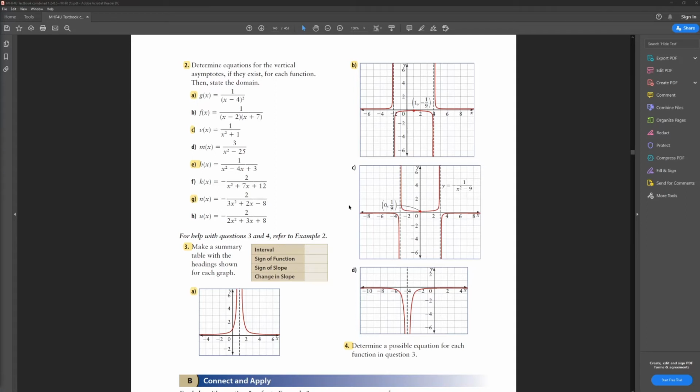For question E, we have our denominator being equal to x squared minus 4x plus 3. You might notice right away that x squared minus 4x plus 3 is factorable. It is the product of x minus 1 and x minus 3.